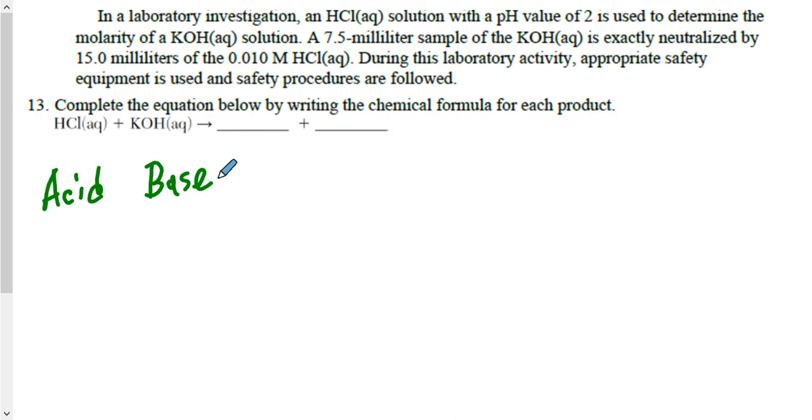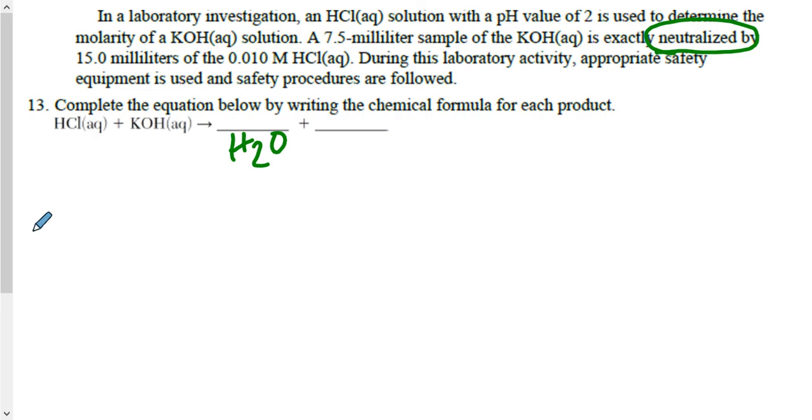Why? Because the keyword is neutralized, so it's a neutralization reaction. Now I know that it's going to form water. If it's an acid-base reaction, it's going to form water.